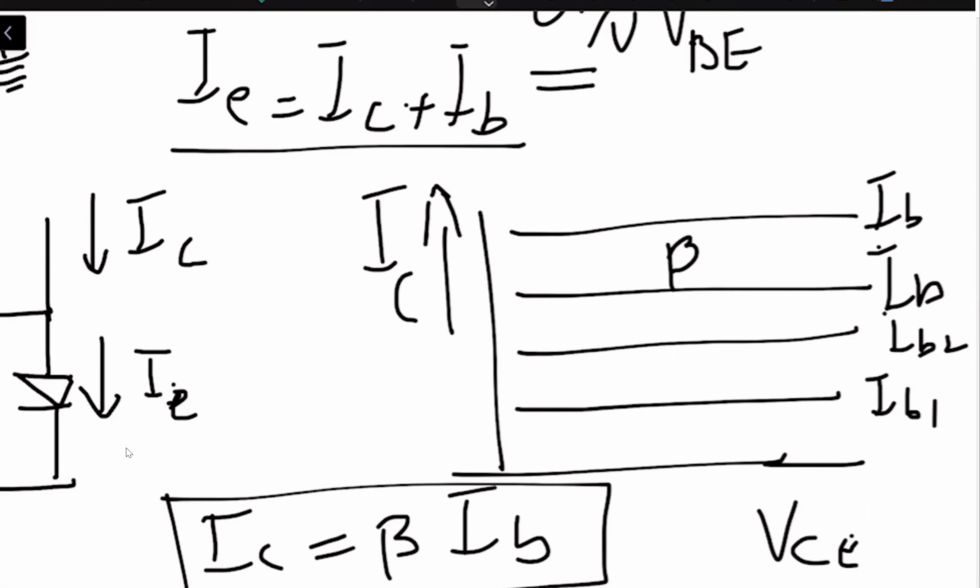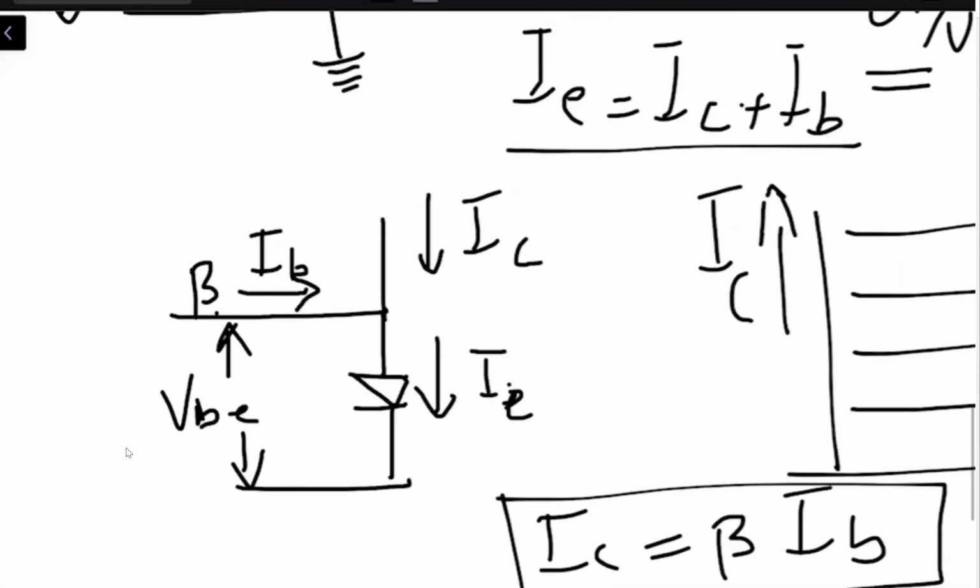If we take a look at the same circuit and replace IC with beta times IB, the circuit will look like a modified version.